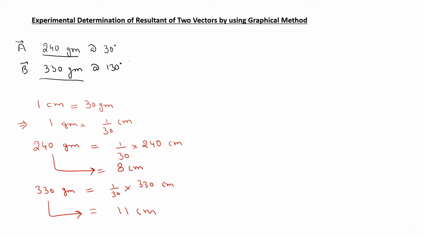I would recommend you take a graph paper for plotting these vectors. I'm just showing you how you're going to do it. Suppose we have a horizontal line here, and suppose my axis is here.